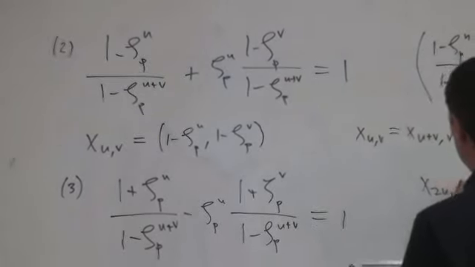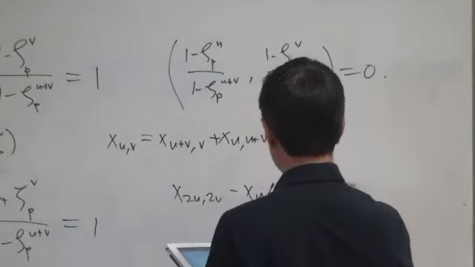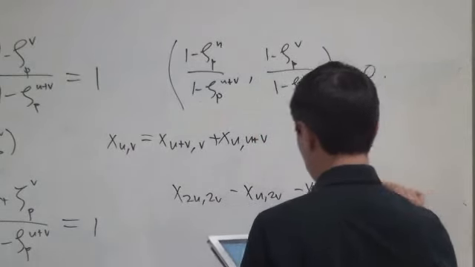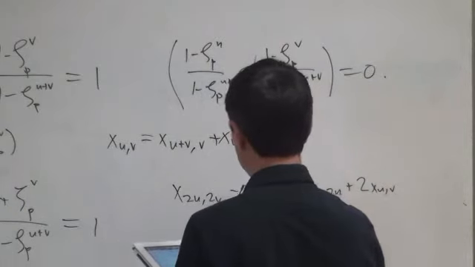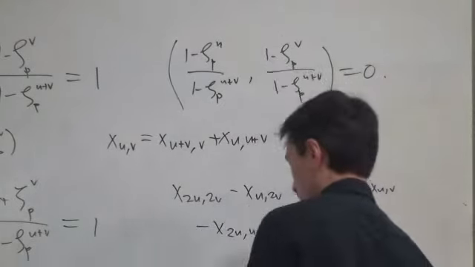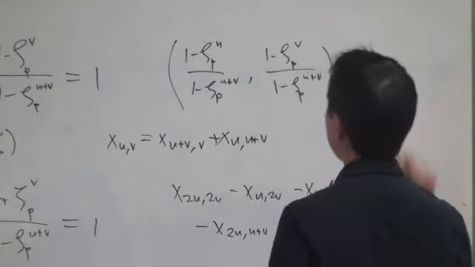x_{2u,2v} minus x_{u,2v} minus x_{v,2u} plus 2x_uv minus x_{2u,u+v} minus x_{u+v,2v} equals 0.